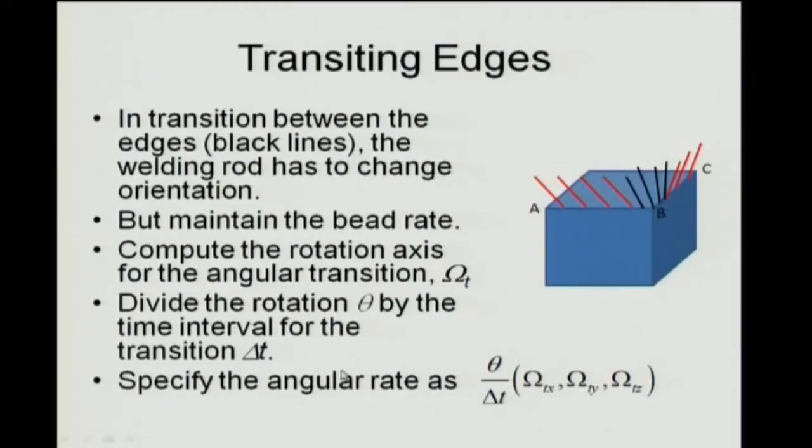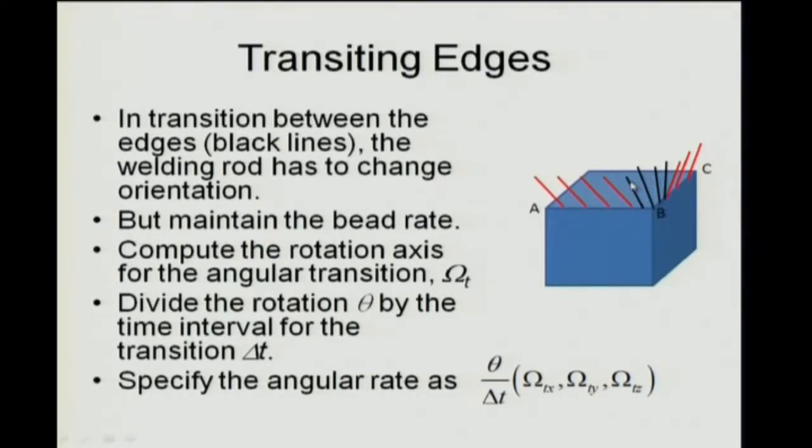So we now come to the problem of transiting the edges of the box. I have specifically shown the transition as black lines. So I am moving from the red lines and going to the red lines where it moves steadily. In between I have to transit, so this line is close to this line is close to this, so this is a little variation, this is a little variation.